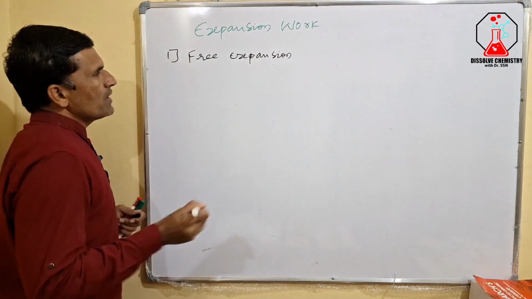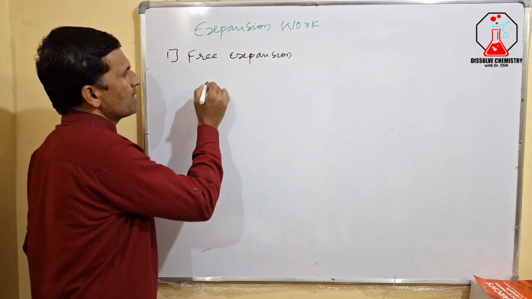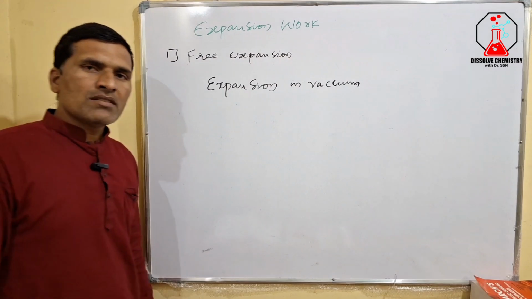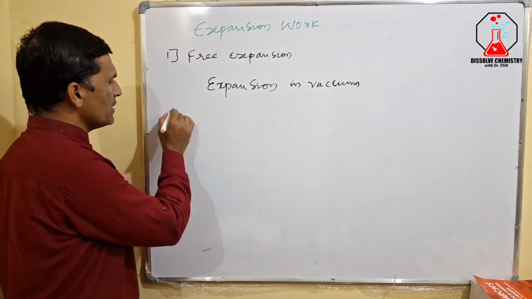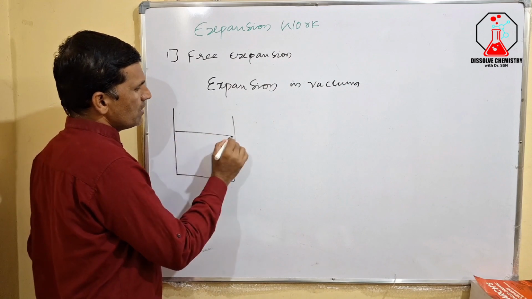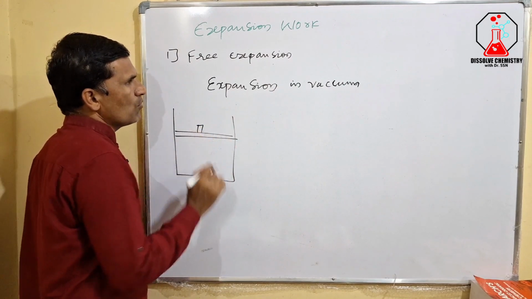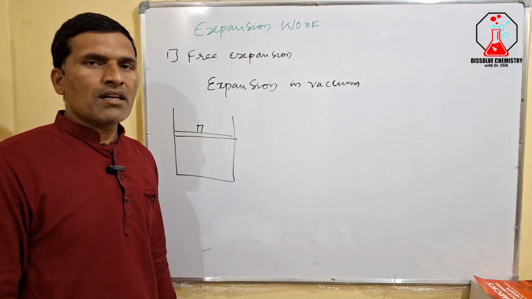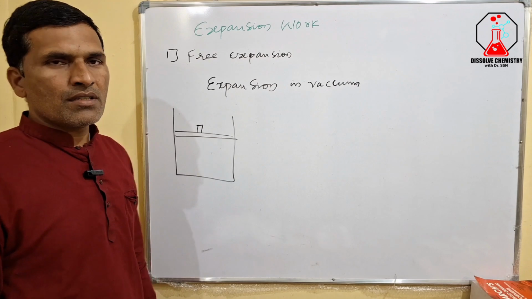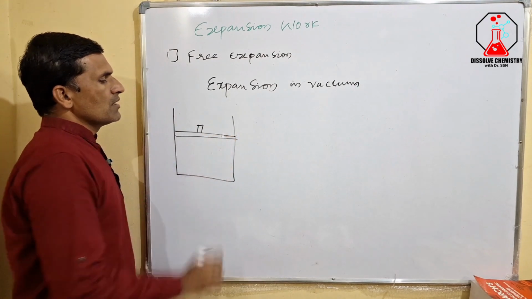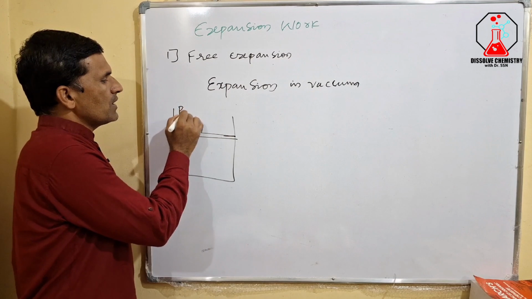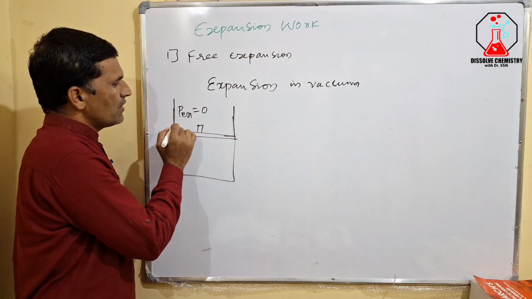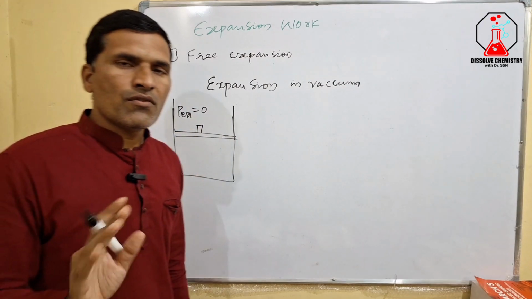So therefore, free expansion means expansion in vacuum. Expansion in vacuum means you don't have any external opposing force, as we found in deriving expansion work, where P external was the opposing force over the area of the piston. Now, this P external is zero, because it is in a vacuum, where there is no force at all.